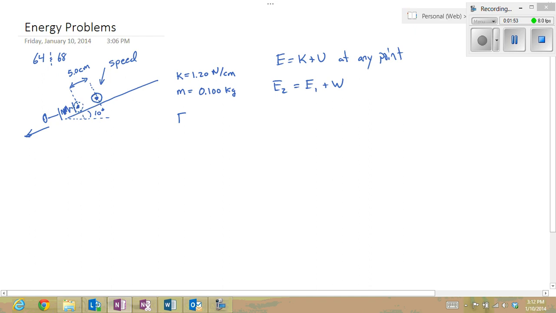So E1 is going to equal the kinetic energy at position 1 plus the potential energy at position 1. And so we have to identify at that lowest position, before it is released, it has a kinetic energy of 0 because it's not moving.